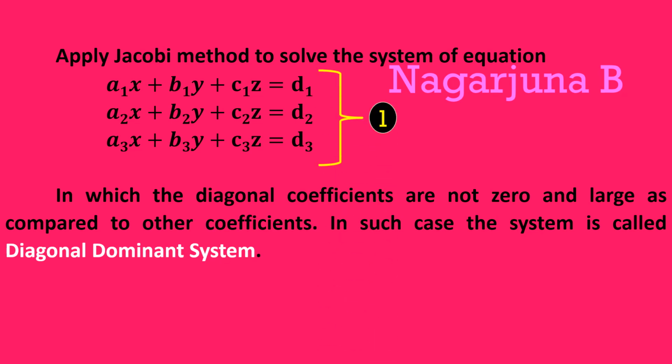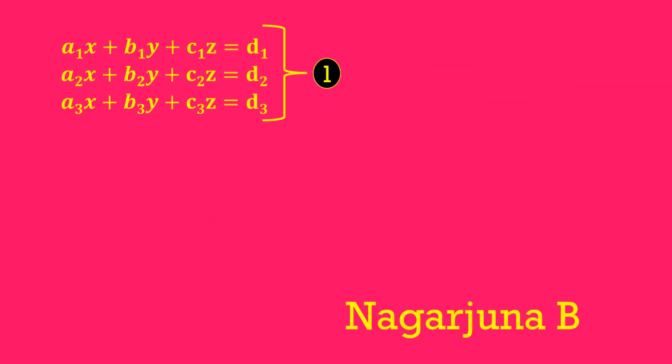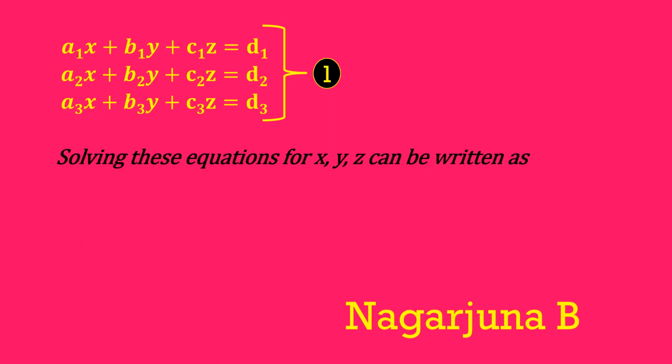Consider this system of equations as 1. This is the system which we have been considering as a diagonal dominant system of equations, and to find the values of x, y and z, the above equations can be written as x is equal to 1 divided by a1 into d1 minus b1y minus c1z.